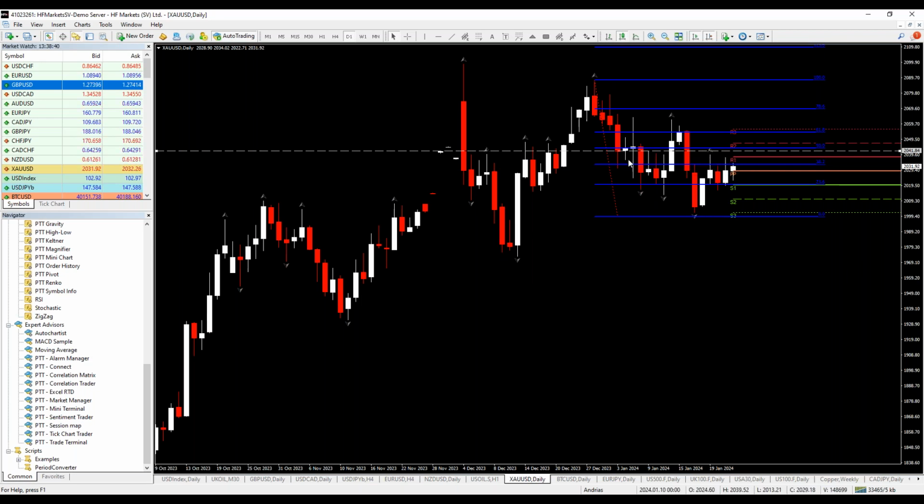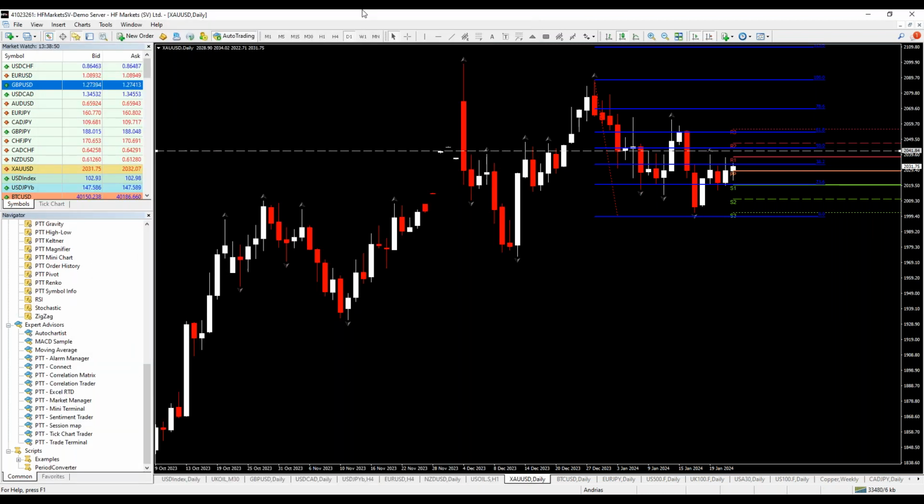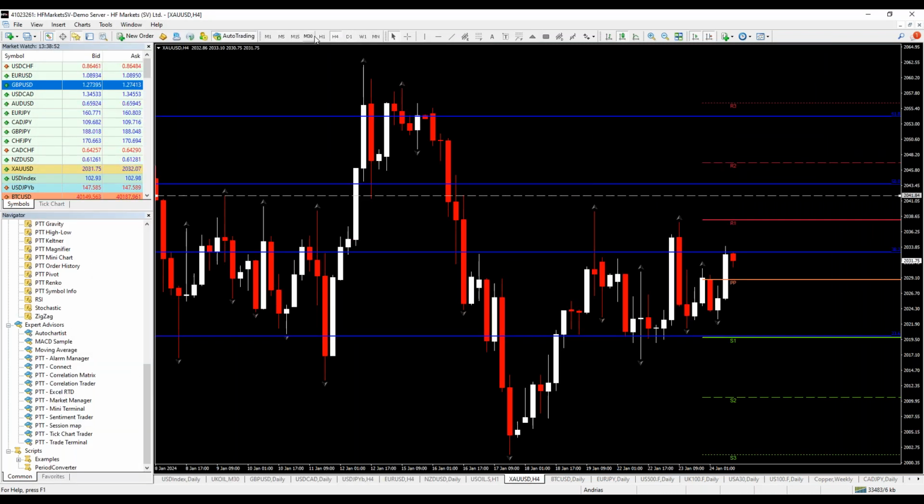So this is a very important resistance level which Autochartist suggests is emerging, approaching. Not quite convinced, but it's something that you can monitor.